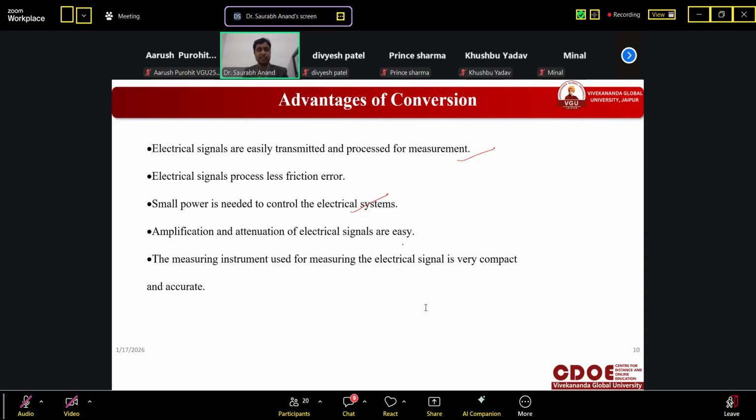Amplification and attenuation of electrical signal are easy. Amplification means if you want to increase the power or amplitude, and attenuation means the losses, which can be kept least. And measuring instruments for measuring electrical signal can work accurately.